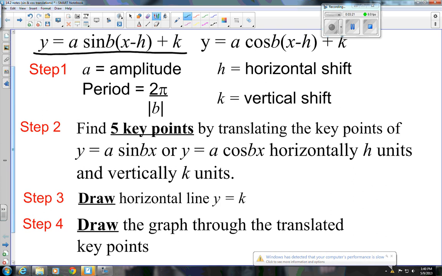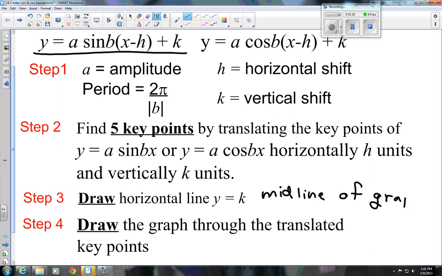Step 3, you're going to draw the horizontal line y equals k, and I'm going to add something here. This is the midline of the graph. Again, we'll look at that when we do an example and see more about what that means.